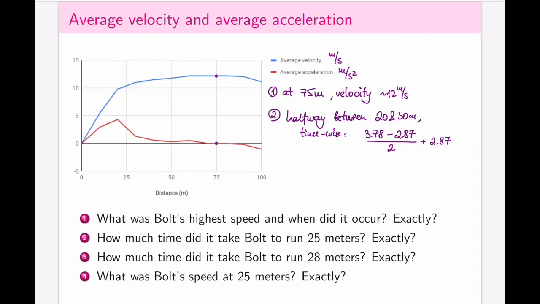Now, it's not going to be quite right, and that is because we can see here that he actually keeps accelerating, right? So at the time of 25 meters, or at the point of 25 meters, he's still accelerating. So that means that he will run the first 5 meters between 20 and 25 slower than he will run the second 5 meters between 25 and 30. So this is nothing else than an approximation, and of course, it's not going to be an exact number.